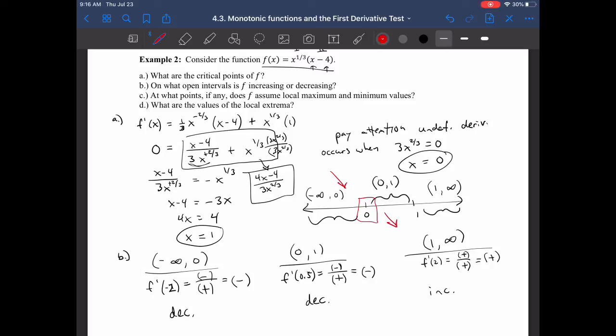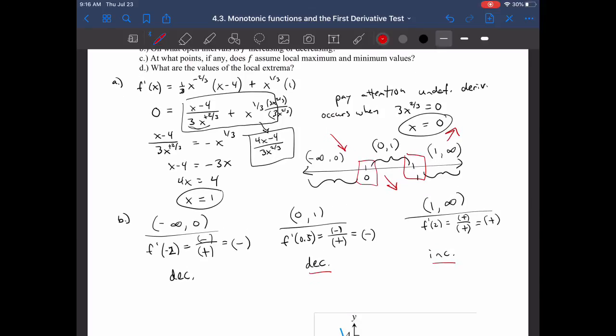That is not a change in the slope, and therefore this is not a maximum or minimum. However, if we look at this point 1, we see we go from decreasing to increasing. That means we had to have been going down and then started going back up. That makes the point with x equal to 1 a minimum.